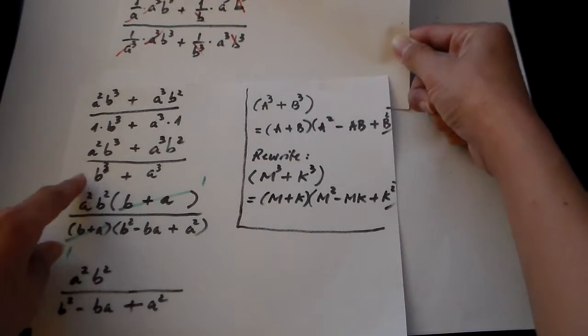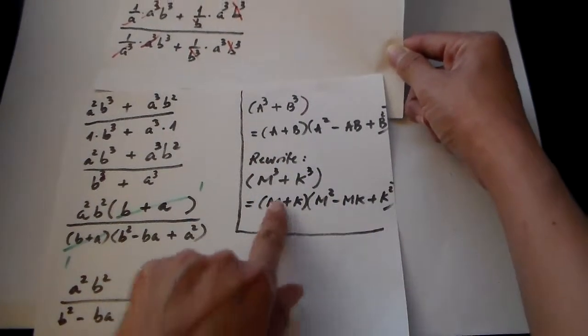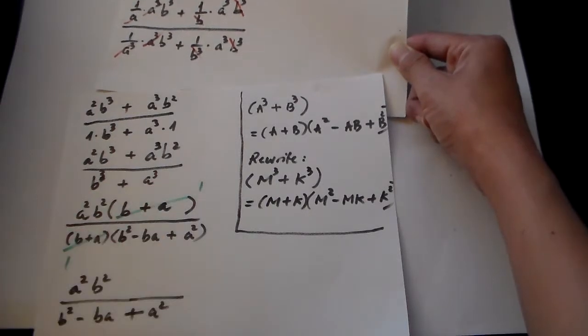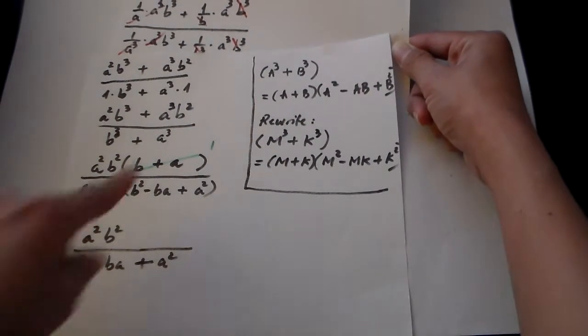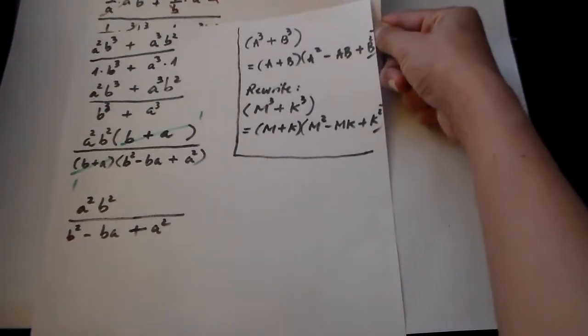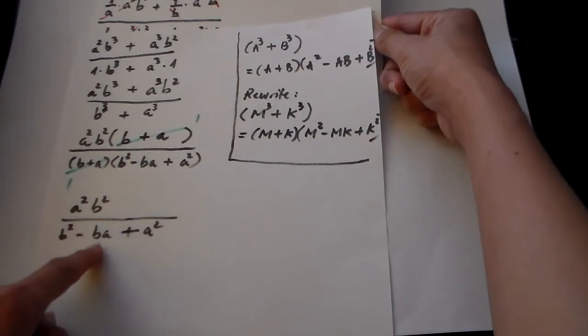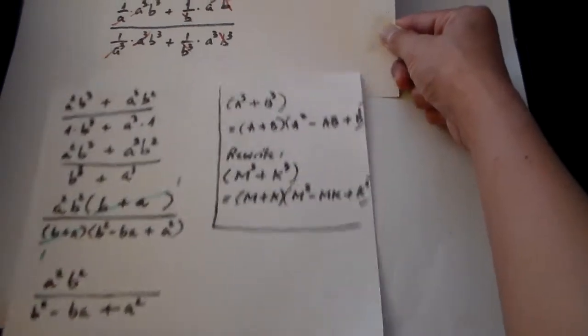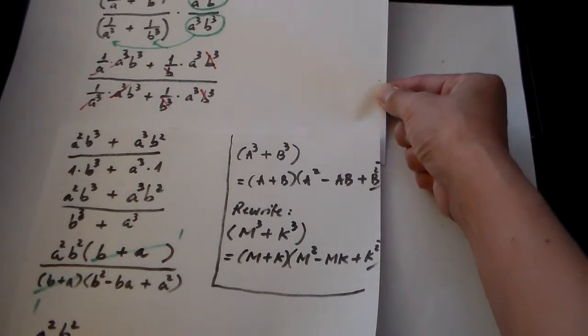We get to this point where we have the sum of two cubes. We use this formula to factor out the sum of two cubes. It turns out we have a common factor on top and bottom, b plus a. Cancel these two out. We're left with the answer: a squared times b squared divided by b squared minus ba plus a squared. So this is how you simplify this complex rational expression.